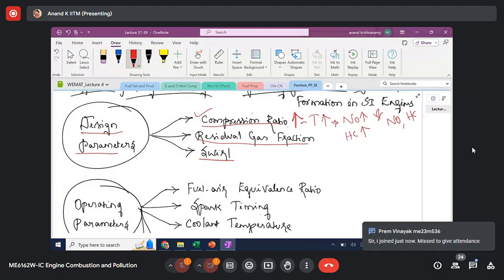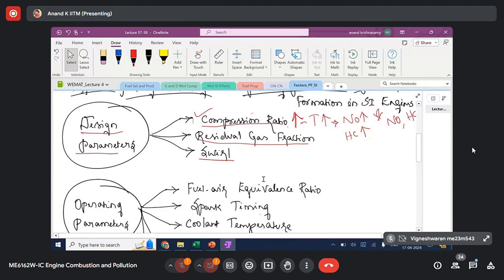We have a range of compression ratio for both SI and CI engines. In an SI engine, generally it is between 8 and 10 or so. So you have to carefully optimize the compression ratio based on the engine category, so that we don't have very high pollutant levels.